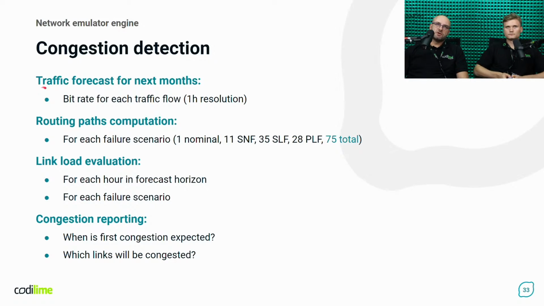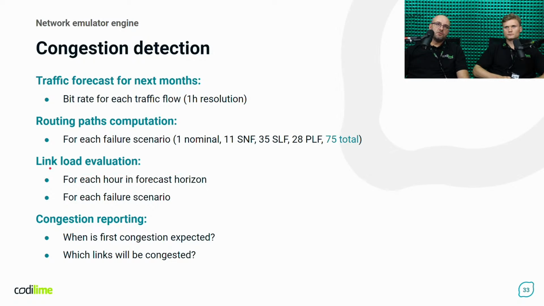Just to recap, we have the traffic forecast for the next month. In our POC, we have a data resolution of 1 hour, and we have computed routing paths for all network states, including nominal and any potential failure scenario of different types. So we have 75 such network states in total that we would like to analyze.